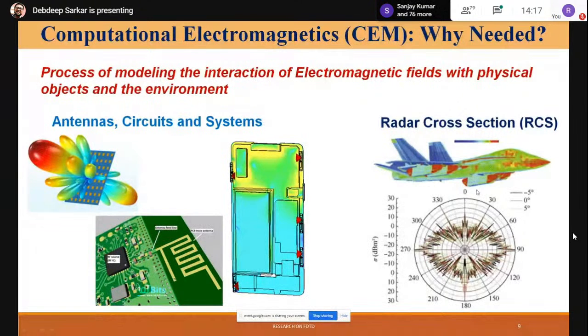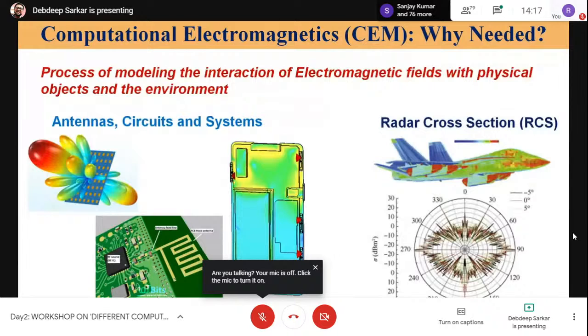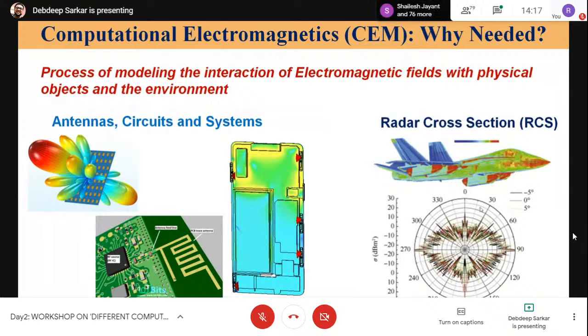In terms of wavelength, some objects are quite small, probably 1 lambda or 2 lambda, but in the case of a large aircraft, it could be 55 lambda by 55 lambda. So how do we model the interaction of the electromagnetic fields with it, so that we can minimize the radar cross section and our enemy cannot detect us?